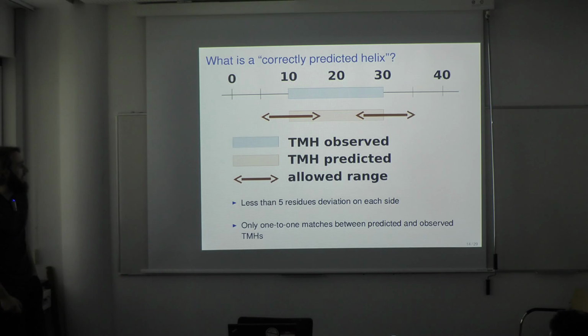The reason why we're at it is that in transmembrane proteins, the exact correct number makes a big difference, because it changes where your protein starts and ends, on which side of the membrane. And functionally, this is very important. So even if you just get one wrong, this is a very important difference. And this is why this score QOK is so strict and says you have to get all of them correct.